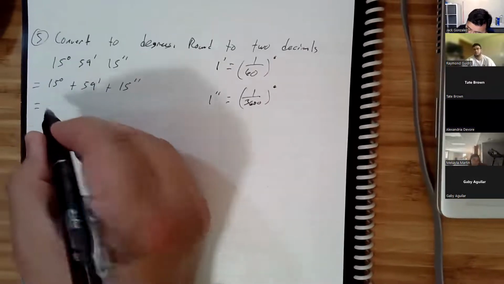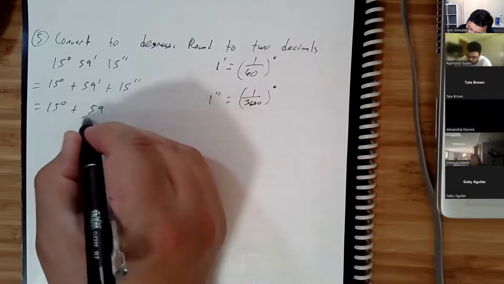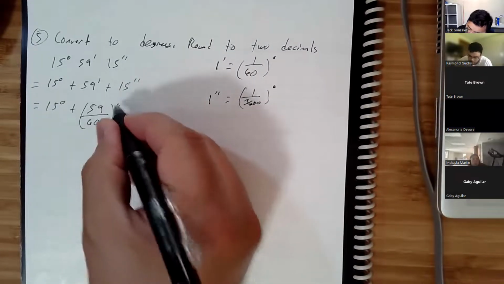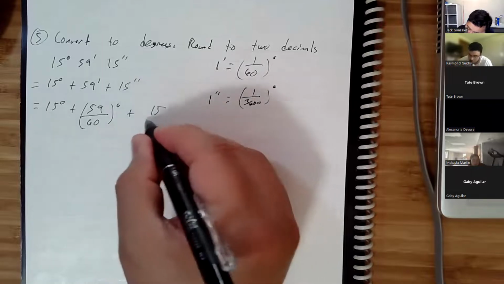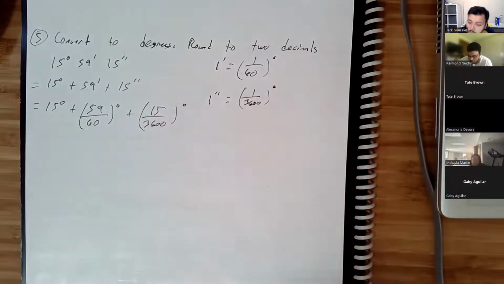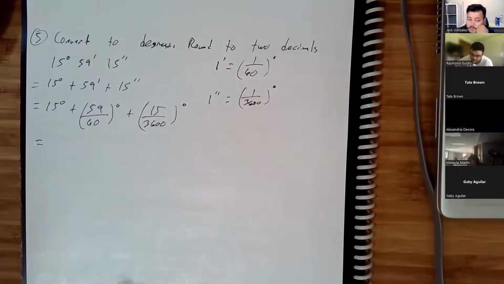So just change it and add them up. That'd be 59, I'm going to skip a step here, over 60 plus 15 over 3,600. Add those together, and you'll have your answer of 15.9 something. Let me get my calculator. Got it.